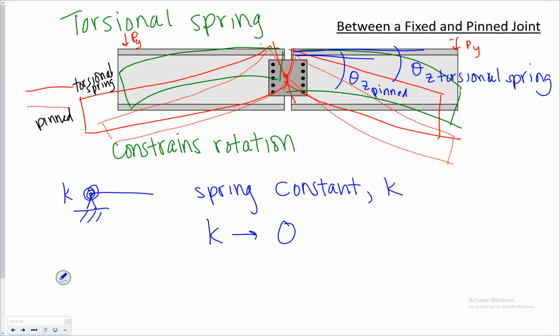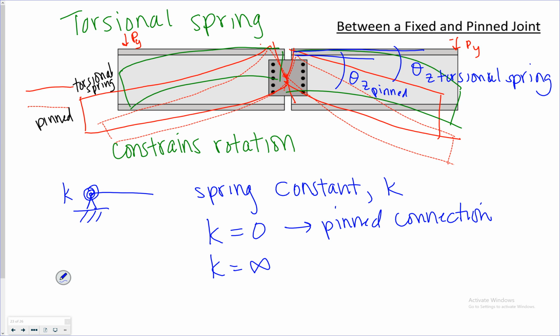If K was 0, that would mean there is no rotation constraint, which would essentially be a pin, right? If K was infinity, then it would be preventing all rotation, and it would be analogous to a fixed connection.